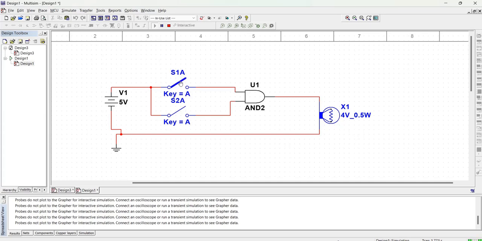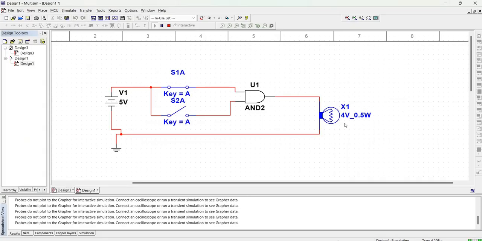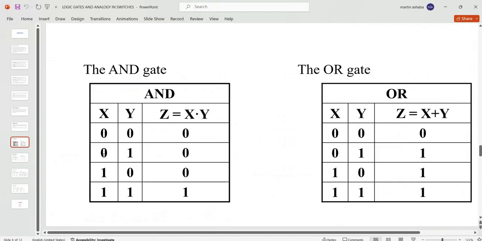Let's now close one switch so that we test this one and 0. So if we have 1 and 0, that means high and low, we have a low output. See, we still have a low output. Let's now open this and close this so that we test this condition of low input, high input to get a low output.